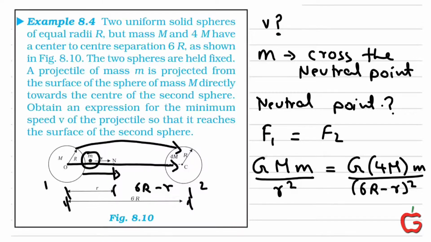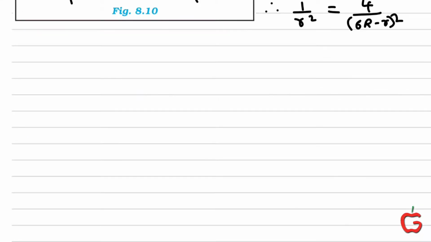Okay, so G cancels out, small m cancels out. So we are left with 1 over x squared is equal to 4 over 6r minus x squared. So let's take the root on both sides. That leaves us with 1 over x is 2 over 6r minus x.